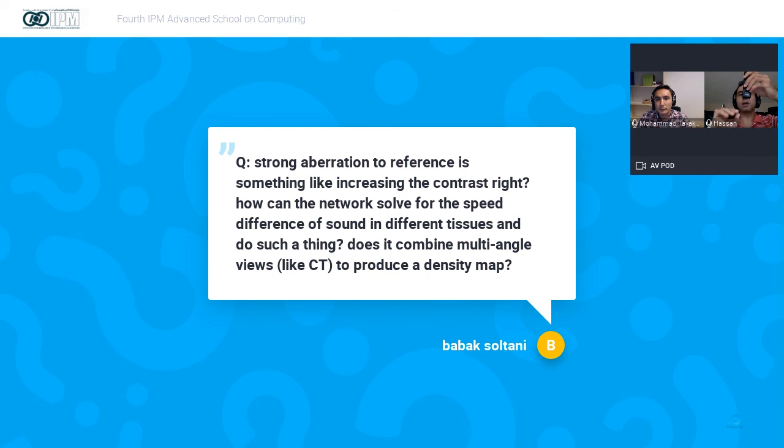What's apparent motion? That's created because the speed of sound is different, right? Remember, the image that we generate is all based on sound traveling through the tissue. For example, if the sound speed increases, you think that the tissue is shrinking because it's now taking less time to reach the probe. We use this for temperature imaging: as the temperature of the tissue increases, the speed of sound also increases, and it looks like the tissue is shrinking.